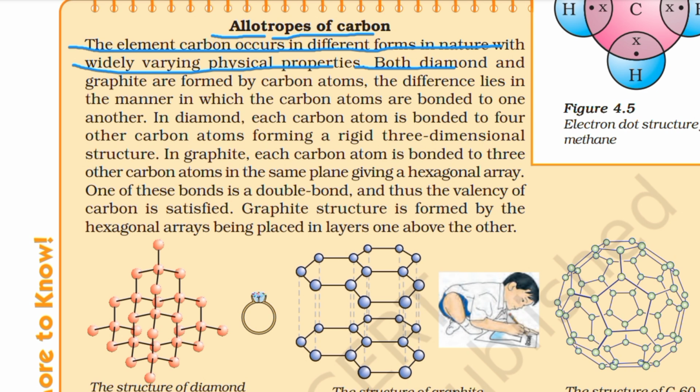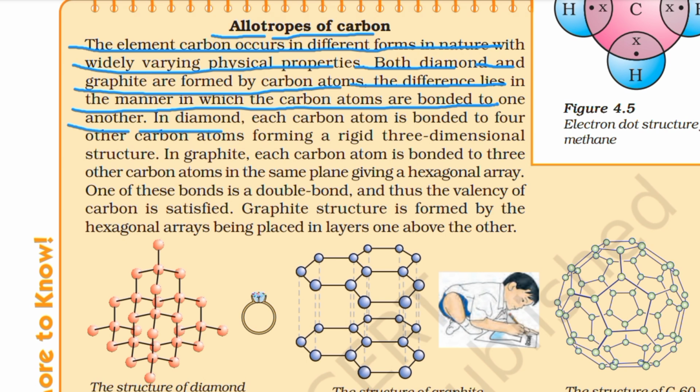Both diamond and graphite are formed by carbon atoms. The difference lies in the manner in which the carbon atoms are bonded to one another.